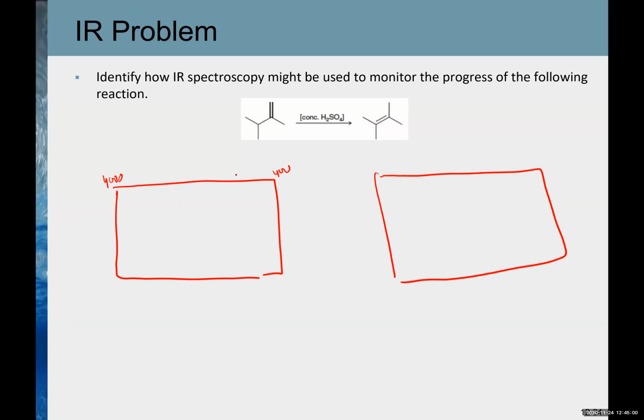So if this is the spectrum, of course we're going to have a bunch of peaks here at around 3000, right? And what are these peaks? CH stretching. Then this is 2000, that's 1000.